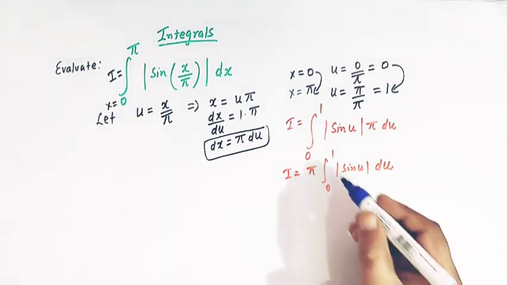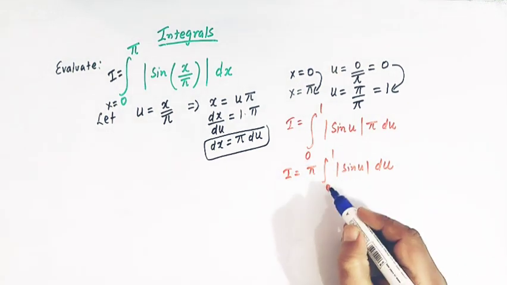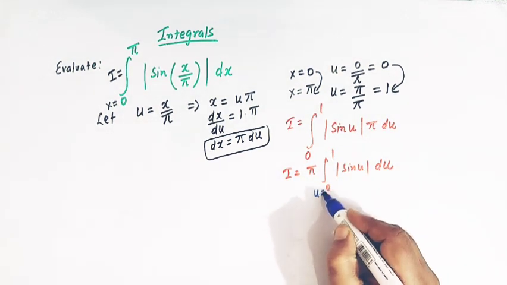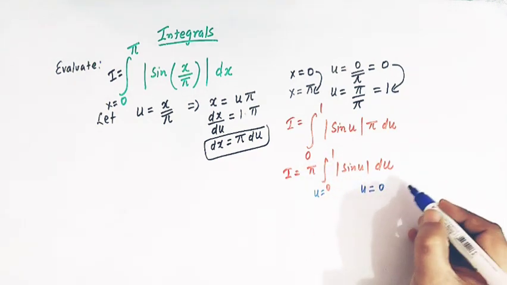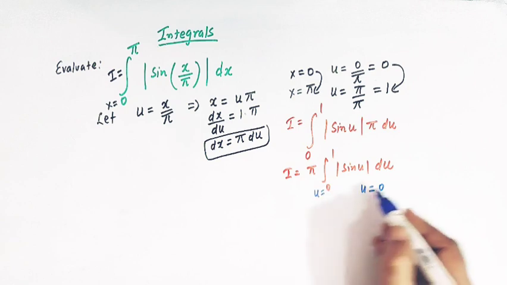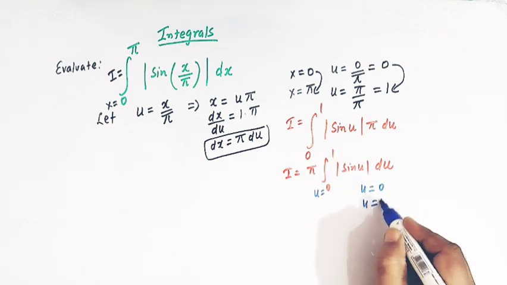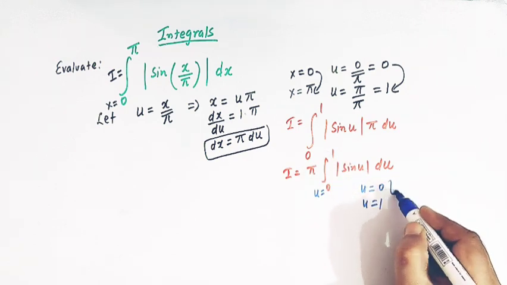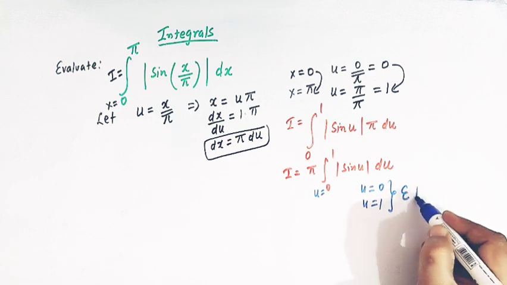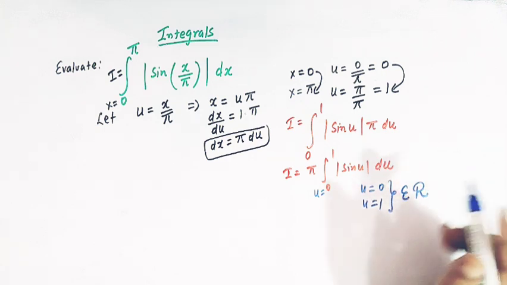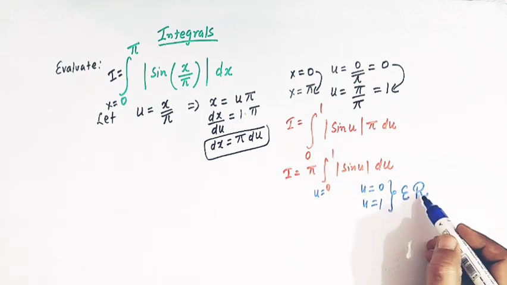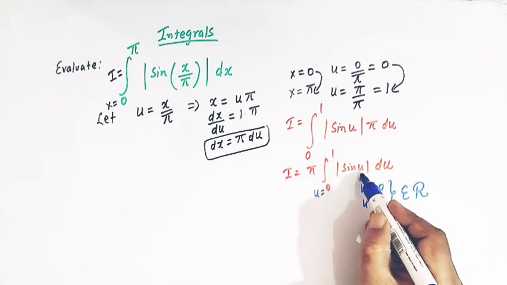Let us first see the limits. Here u varies from 0 to 1, the lower limit is 0, the upper limit is 1, and 0 and 1 are both real numbers. This is an important concept. The limits are real numbers, and here we have sine of u.